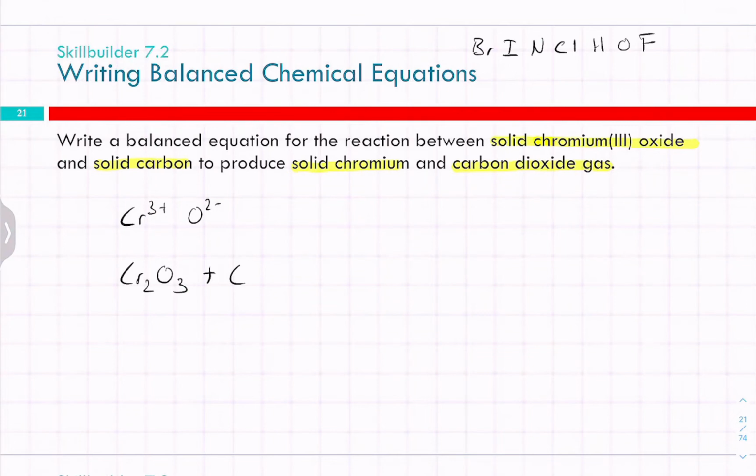Okay, so we can even write here, this is solid, this is solid, and we're producing solid chromium. So it's just going to be Cr. That's a solid. I did a bad job of leaving spaces for coefficients. And then carbon dioxide gas. Carbon dioxide is a molecular compound.